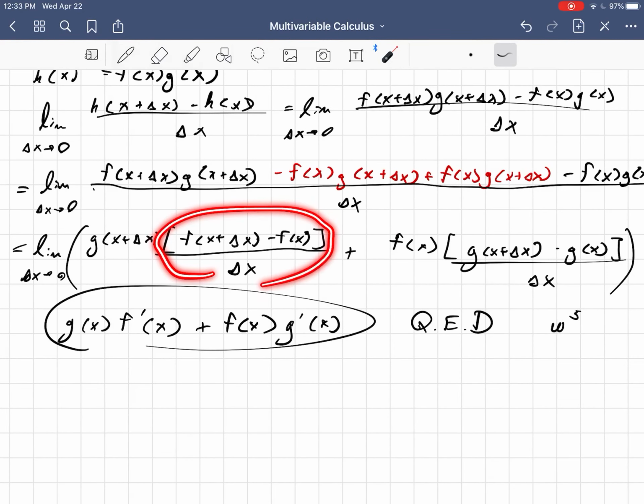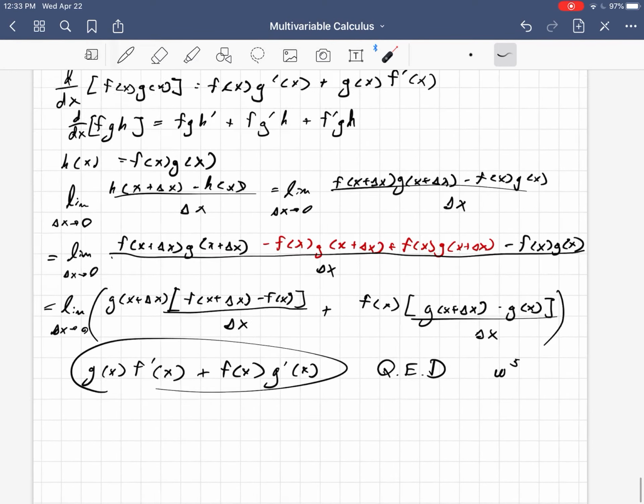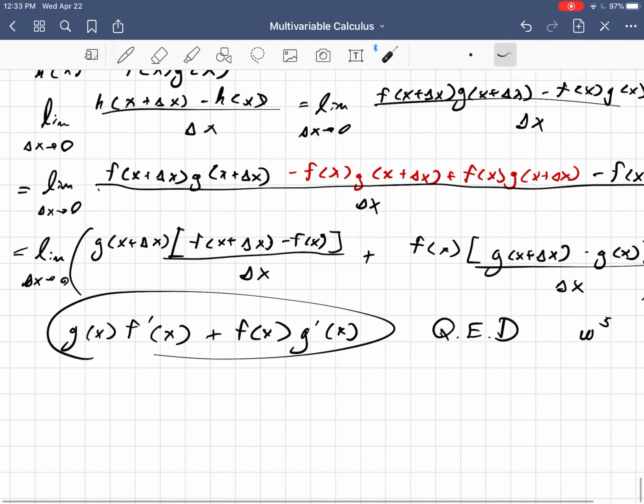Okay, so why did I add that particular 0? I added that 0 because it worked. I knew that if I wanted to fit the form of the limit definition of the derivative, because I knew I would be getting derivatives in my product rule. In this f of x plus delta x, if I were to take the limit definition of the derivative of f, I need a delta x, which I have here.